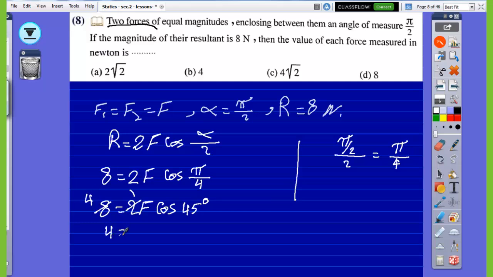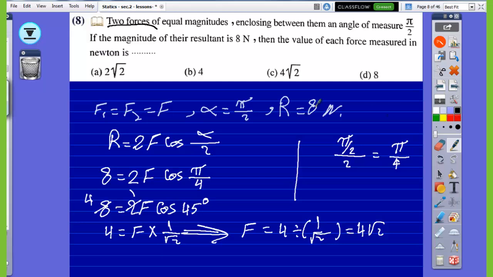So 4 equals F multiply cosine 45. Cosine 45 equals root 2 over 2, or you can write 1 over root 2. So F equals 4 divided by 1 over root 2, which equals 4 root 2, and the answer will be letter C.